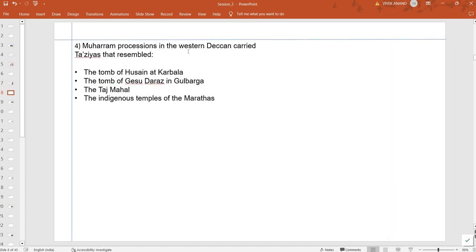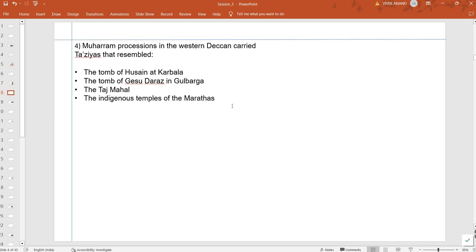The question says Muharram processions in the western Deccan carried taziyas that resembled. Option 1 is the tomb of Hussain at Karbala, the tomb of Gesudaraz in Gulbarga, the Taj Mahal. The fourth option is the indigenous temples of the Marathas. So what will be the answer?